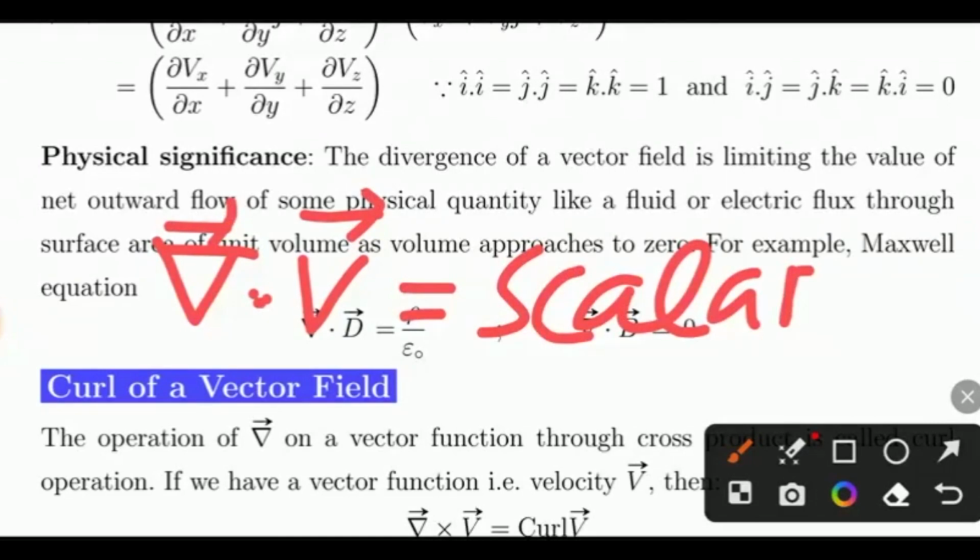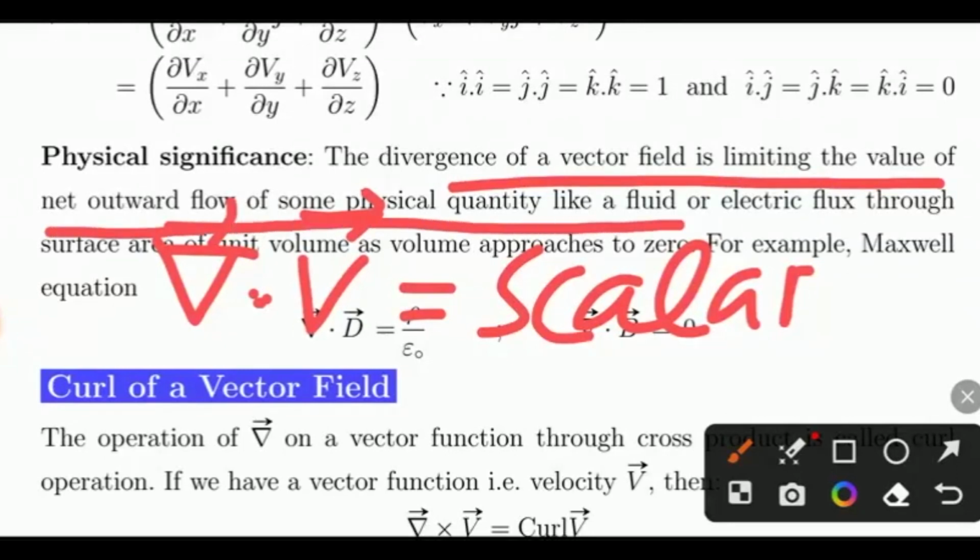The scalar quantities have some magnitude, and here you see that the divergence of that vector is the limiting value of the net outward flow of some physical quantity like fluid or electric flux through some surface area of a unit volume as the volume approaches 0.